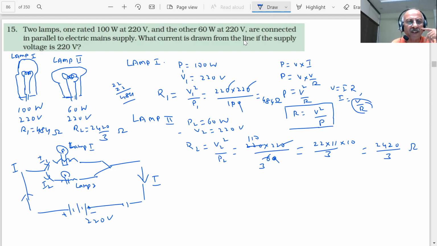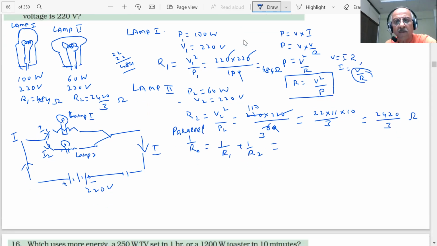So what will be the effective resistance, student? They are in parallel. 1 by R1 plus 1 by R2, students. What is the value of R1? What is the value of R2? 2420 by 3. 3 by 2420.